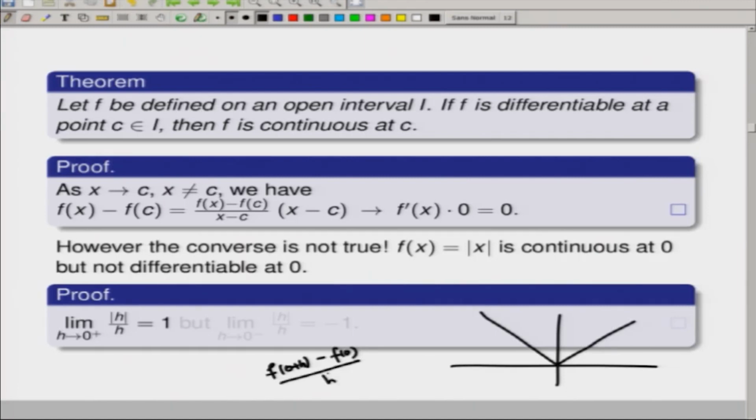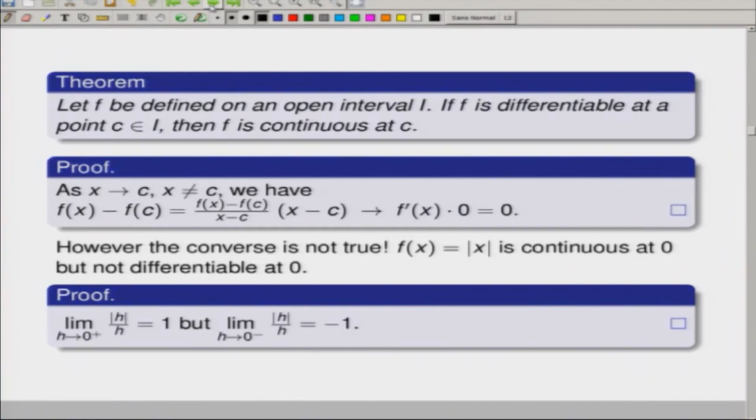So, f of 0 plus h is mod h, minus f of 0, which is mod 0, that is 0, divided by h. Now, as h goes to 0 plus, mod h is going to be h. Therefore, this is h by h, which is equal to 1.